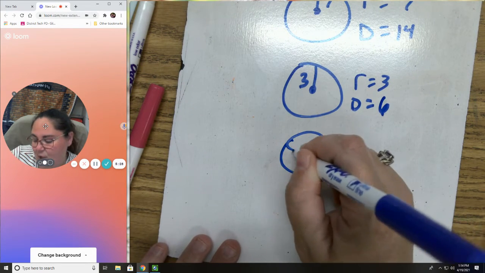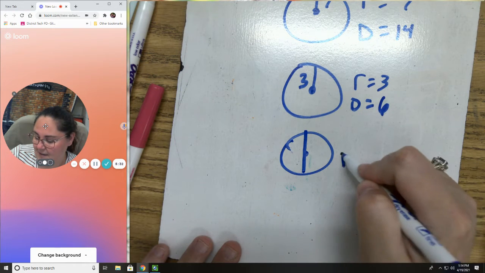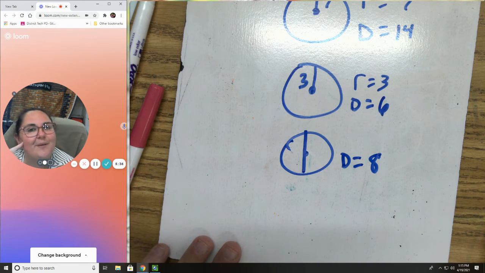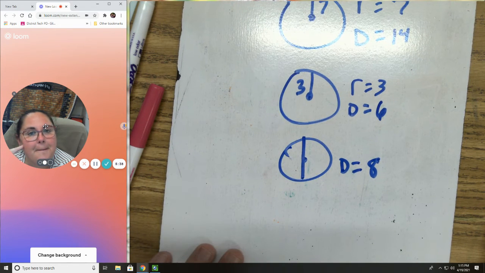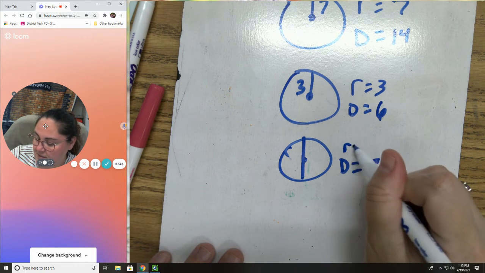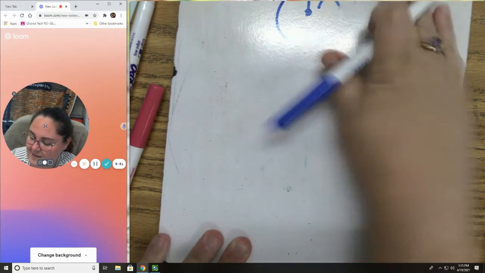Okay, fine, smarty pants. If my diameter equals 8, what is my radius? This time you're going to divide by 2. 8 divided by 2 is 4. Okay, try again.